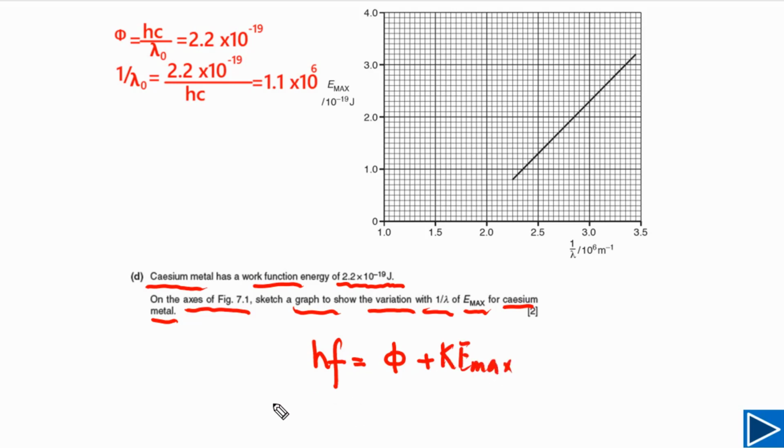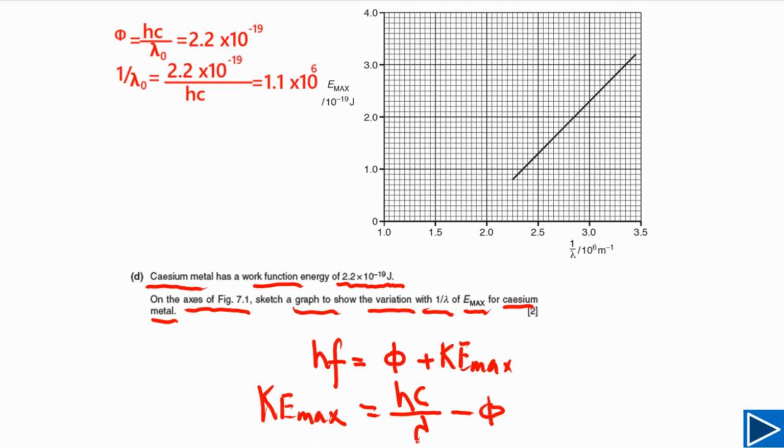We can rearrange this to bring maximum kinetic energy on one side, and we can replace hf with hc over lambda minus work function.